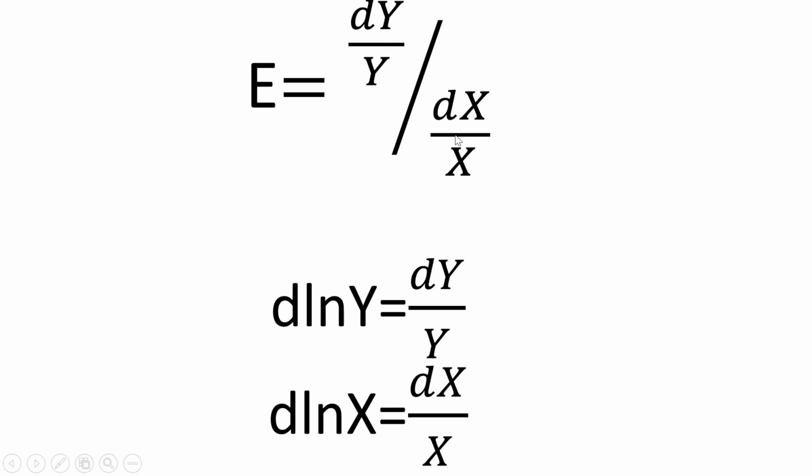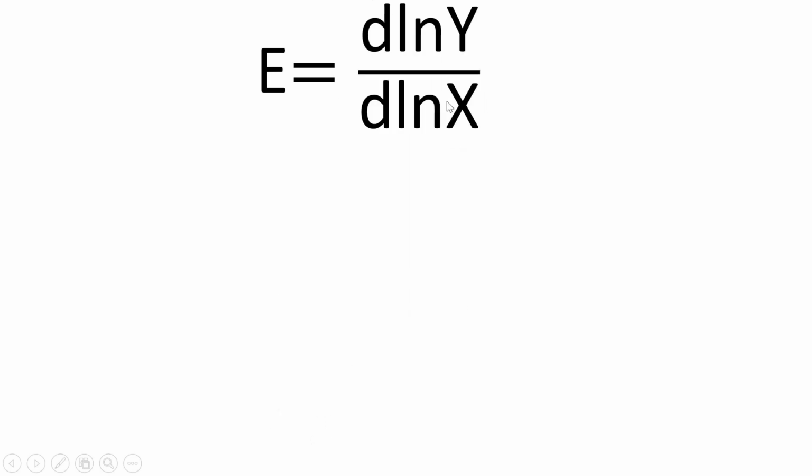In the same way, the differential of ln x is the same as dx over x. So this dx over x is the same as the differential of ln x. So let me do substitution. I pick this, put it here. I pick this, put it there. And I'll arrive at this. So this is also another formula for finding elasticity.